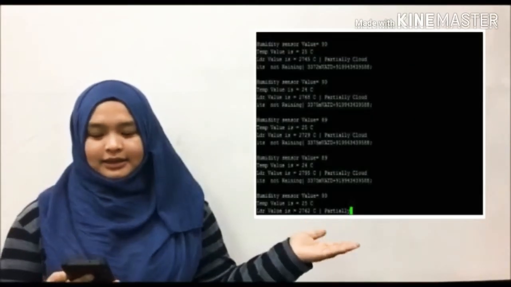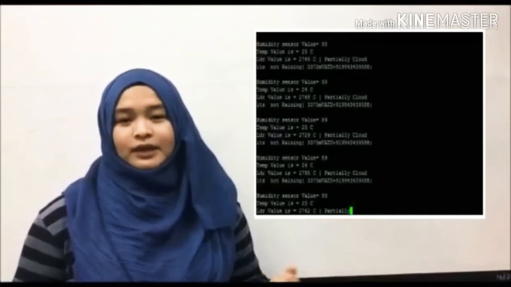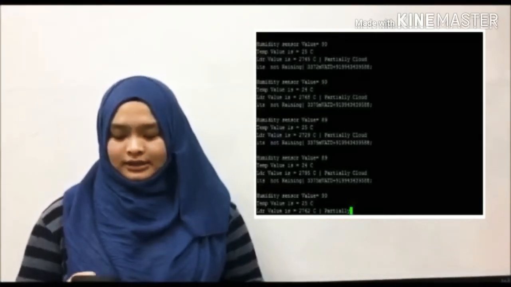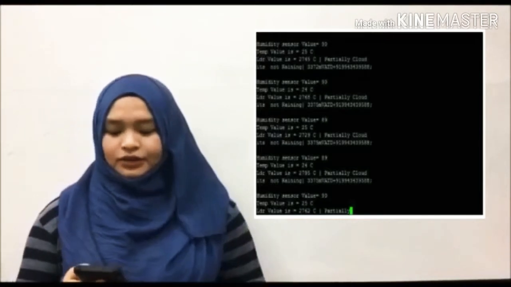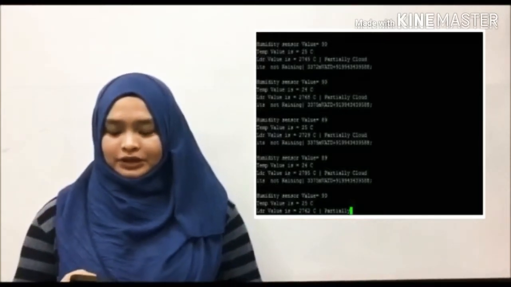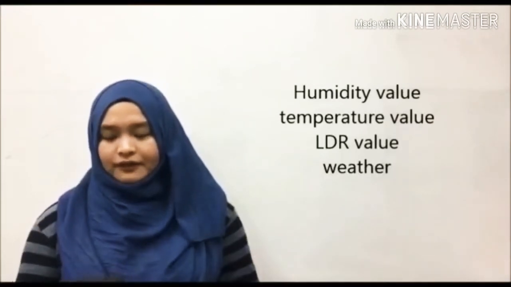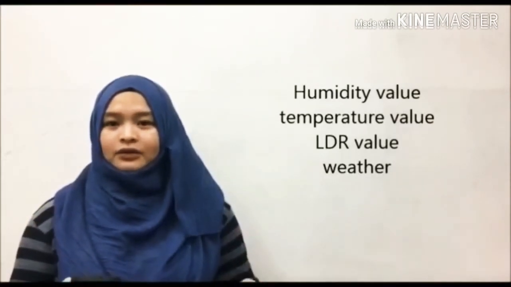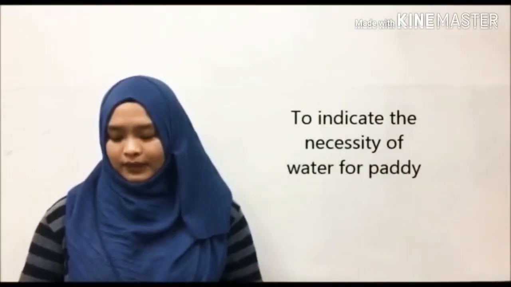You can see here, this figure shows the monitoring of smart irrigation system. This monitoring system shows environmental information, for example, humidity value, temperature value, LDR value, and weather. So this is very important to indicate the necessity of water for paddy.